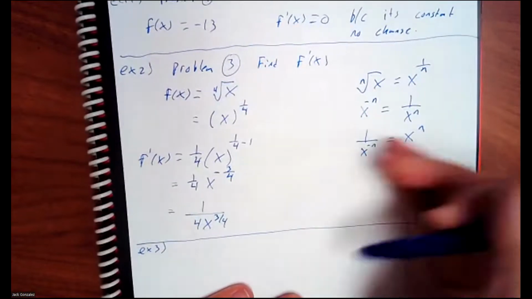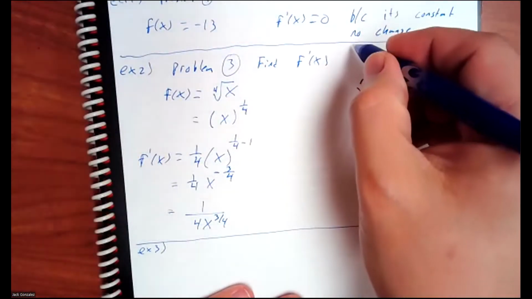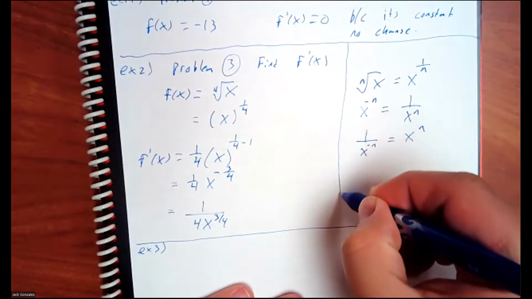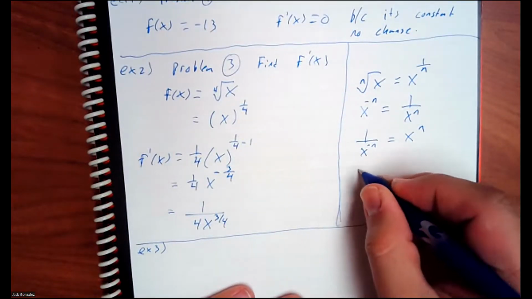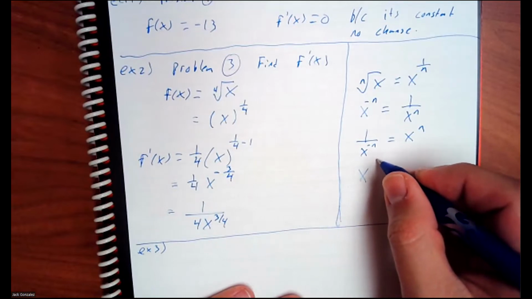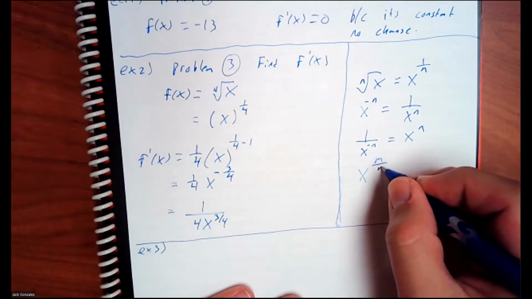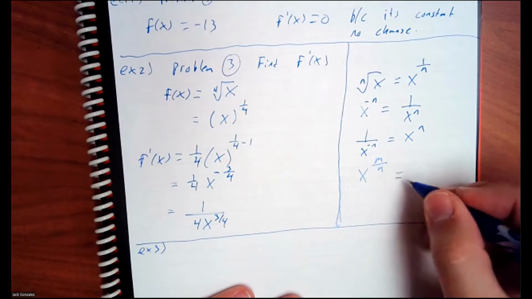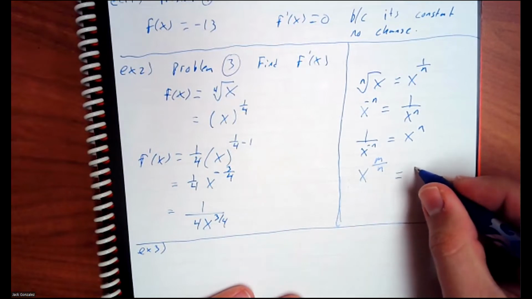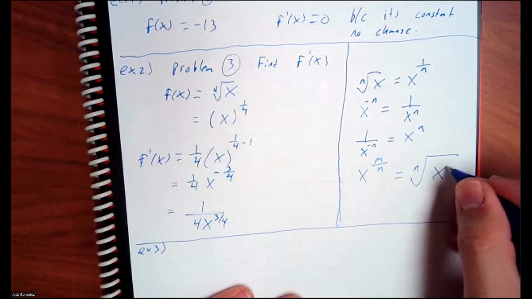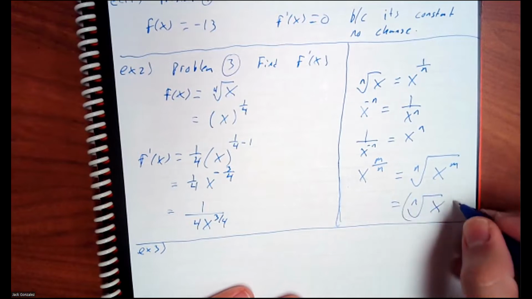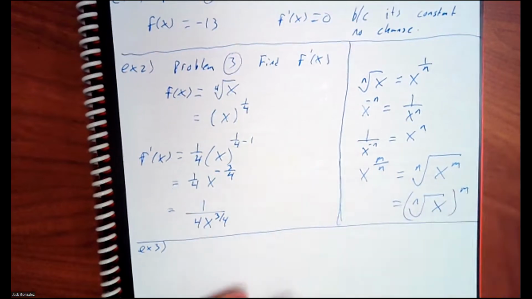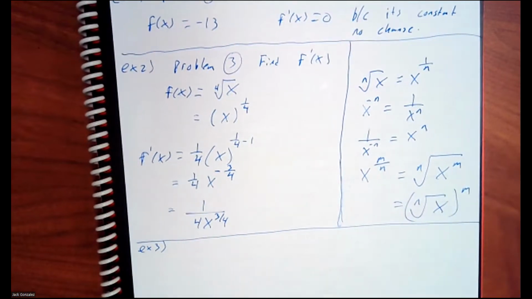Quick note as well, some more algebra stuff. If you have a power, it's m over n. You could write that as the nth root of x to the m, or the nth root of x to the m. Technically, you could use either one you want.